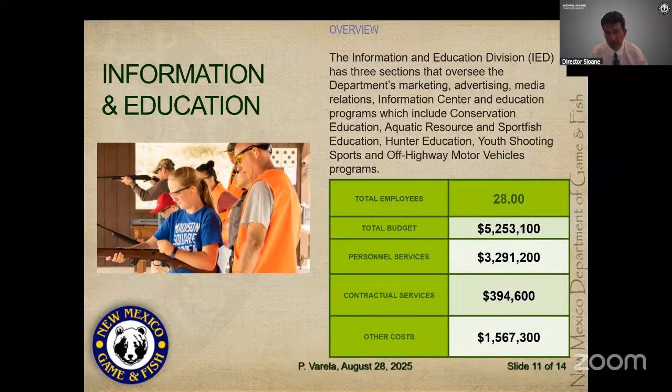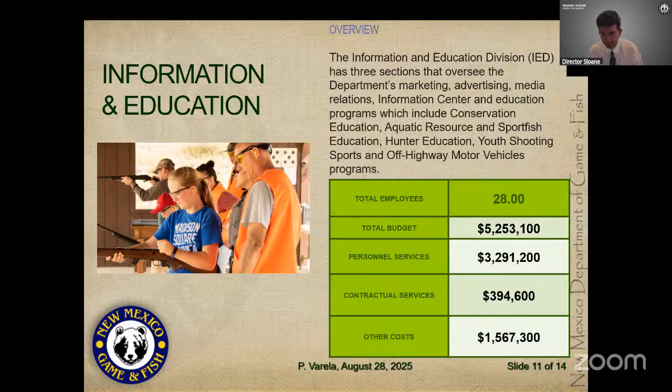No. No, this is information and education. So it's our public affairs division where we do all of our press stuff, all of our web stuff, all of our education in schools, all of our archery in schools, shooting sports, conservation education, all of that stuff. So that's our division that connects us all to the rest of the state.